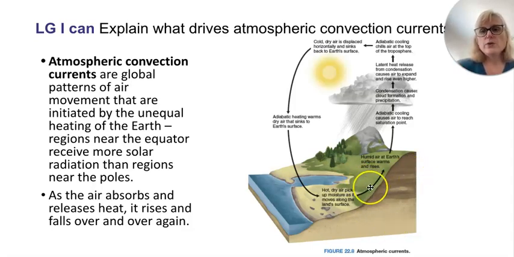You do need to know that warm, wet air rises. And as it rises, the cold air cannot hold as much moisture, and it has to drop it in the form of rain. So you need to know that warm air rises, and it often holds water from evaporation.